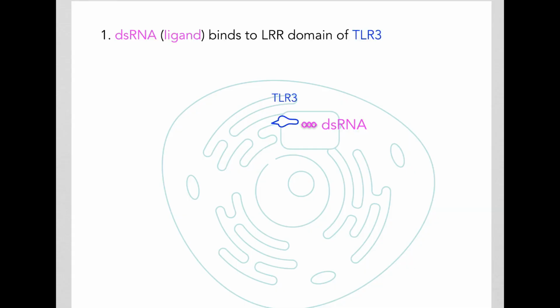As we discussed earlier, TLR3 is a toll-like receptor found in the endosomes, and it will bind nucleic acid PAMPs, in this case double-stranded RNA. So the story starts in the endosome of the innate immune cell.